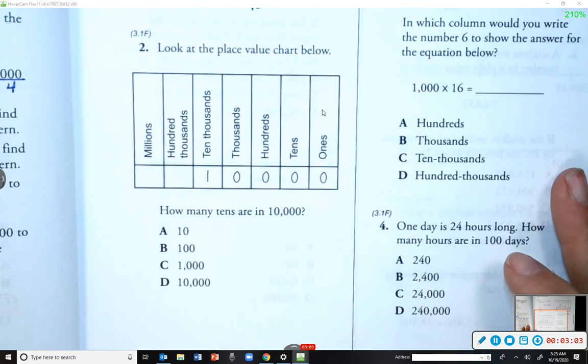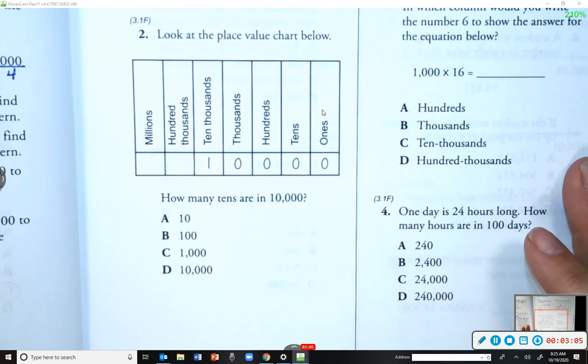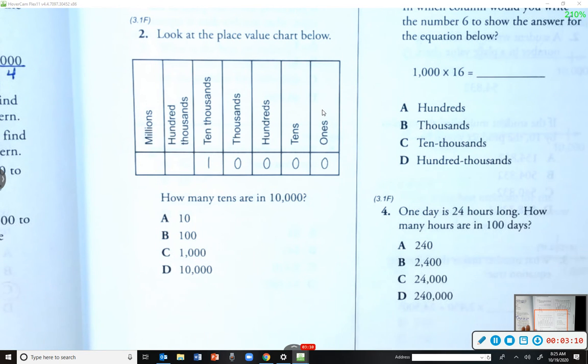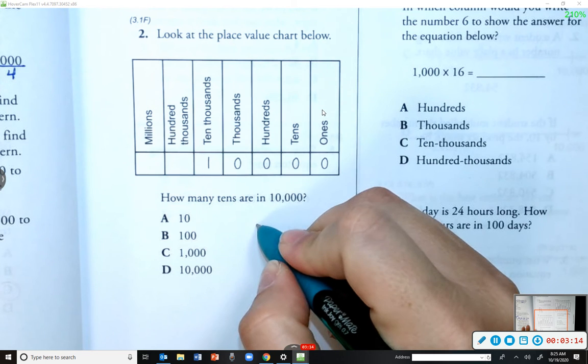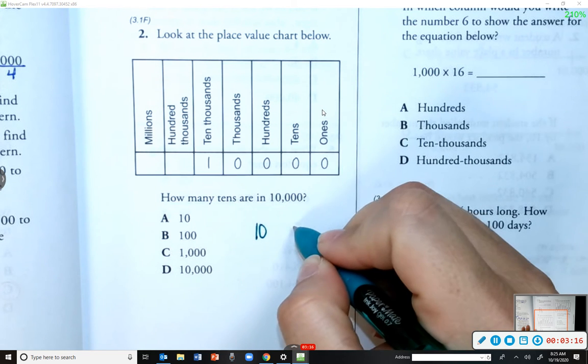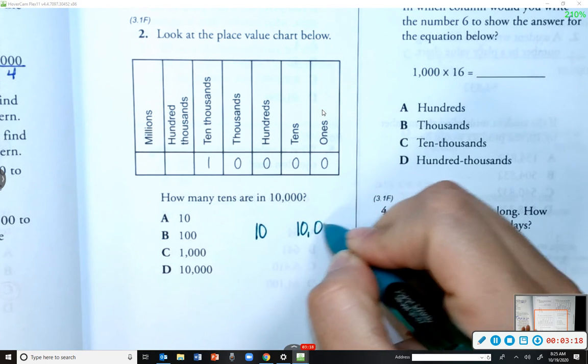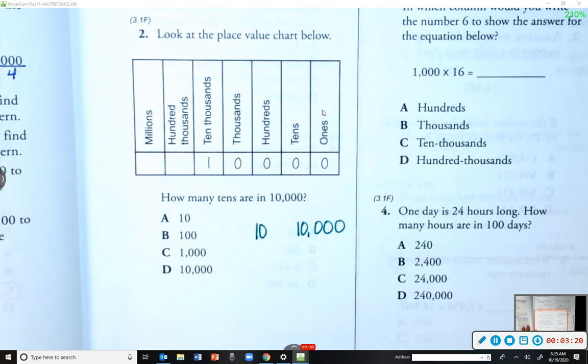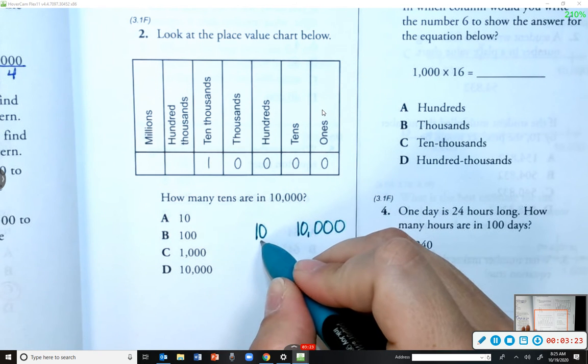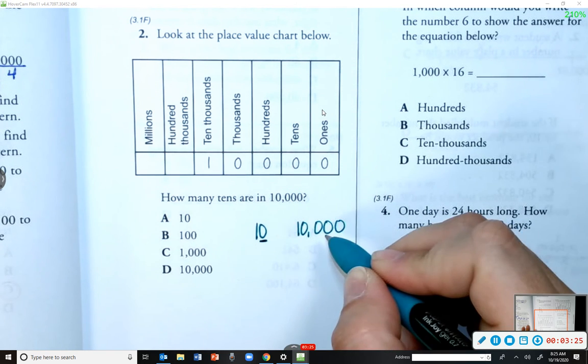Okay, number 2, look at the place value chart below. How many tens are in 10,000? Okay, this is kind of the same thing. You're starting with 10 and then you're going to 10,000. Okay, so this one has 1 0.